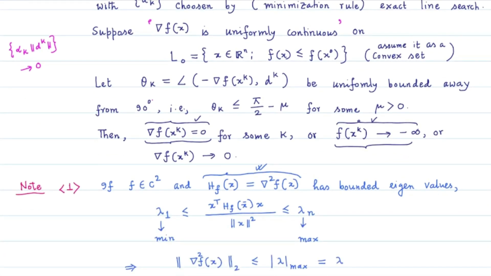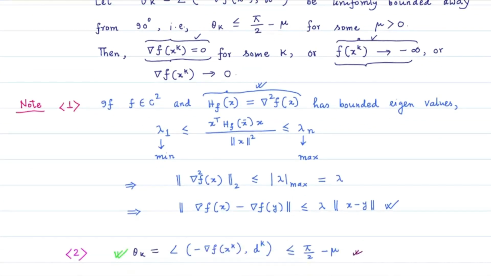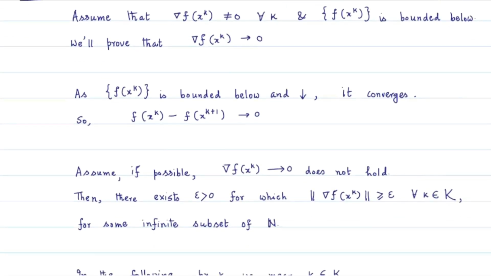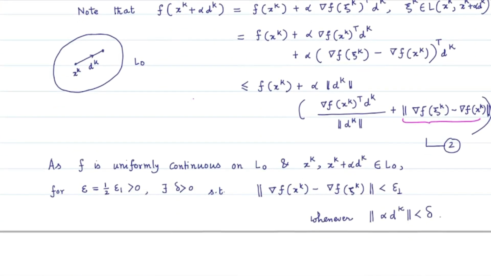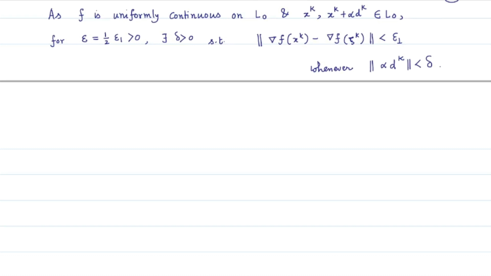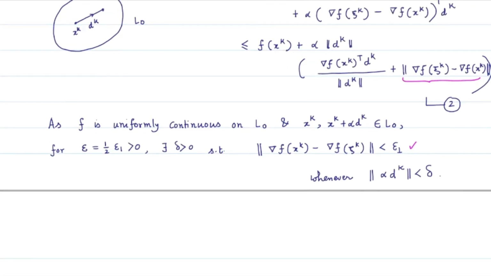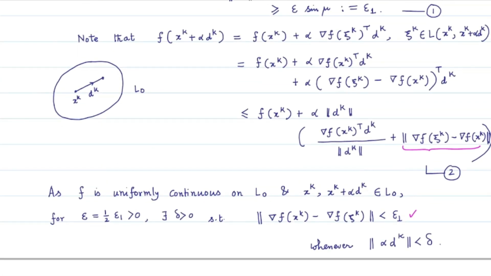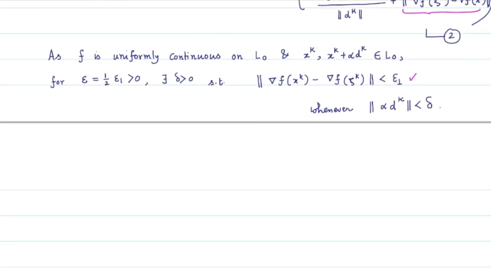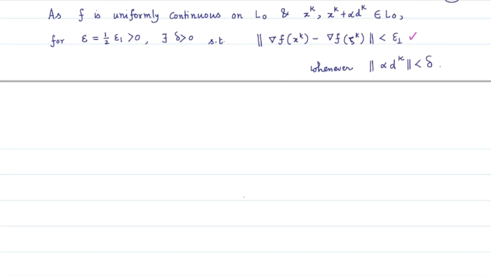And once we can prove that this sequence alpha k norm dk is tending to 0, we will have a certain index number, say k naught, after which we will realize that this norm alpha k dk is less than delta. And accordingly, we will realize that this inequality is satisfied, and which in turn, once employed in 2, will give us the global convergence of the algorithm. So let us now go for proving that with the exact line search, alpha k times norm dk is less than delta after a certain index number, say k naught.